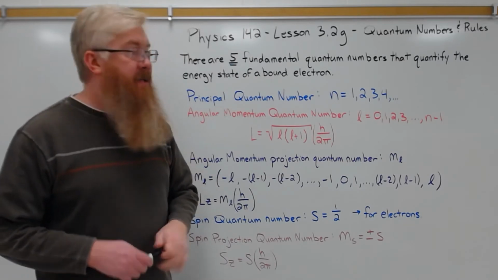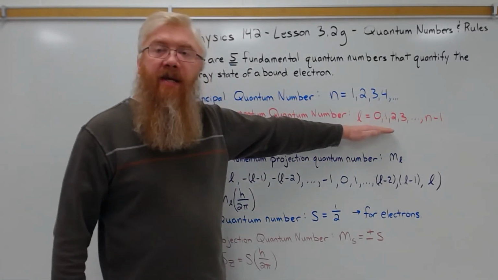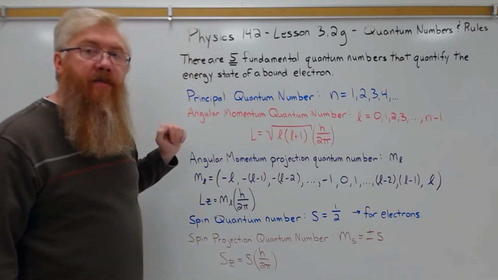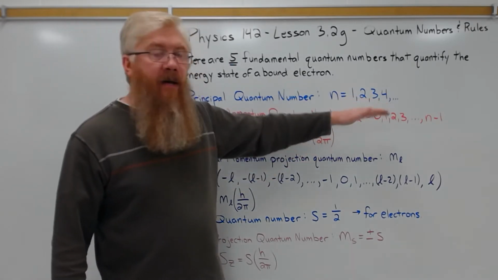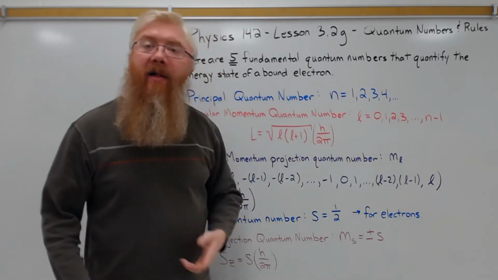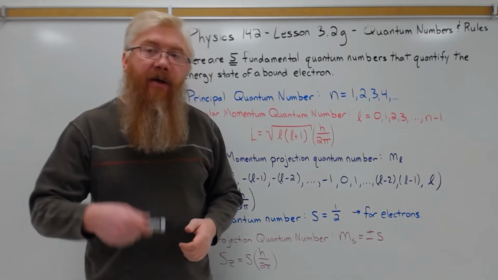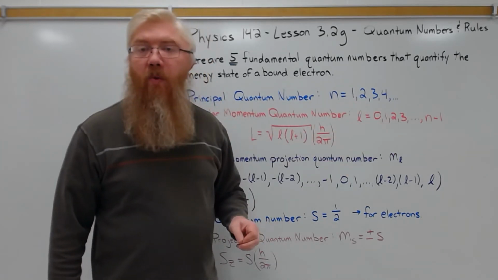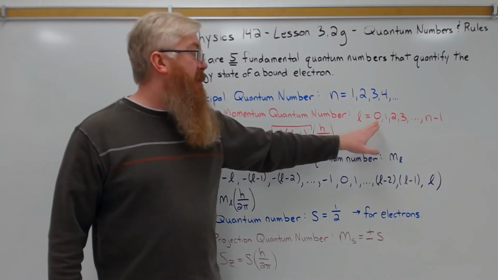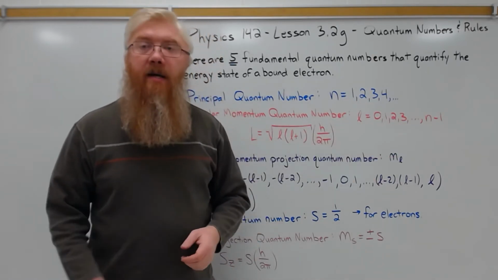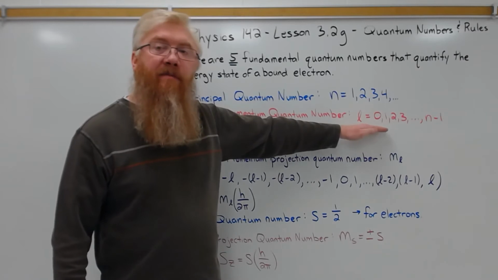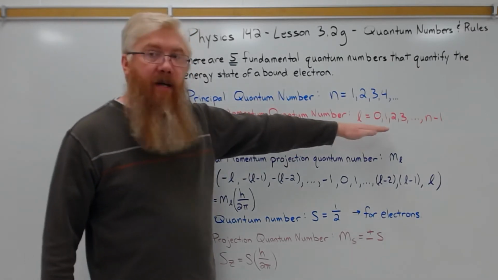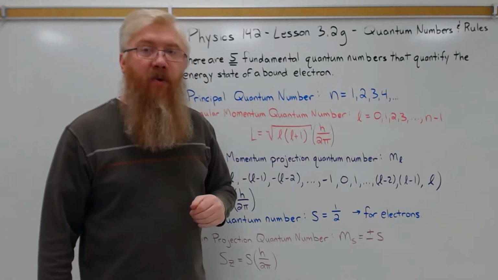Those are the allowed states. If n is equal to 1, small l has to be 0. It cannot be any other option. If n is equal to 2, small l is 0 or 1. If n is equal to 3, small l is 0, 1, or 2, and so on.